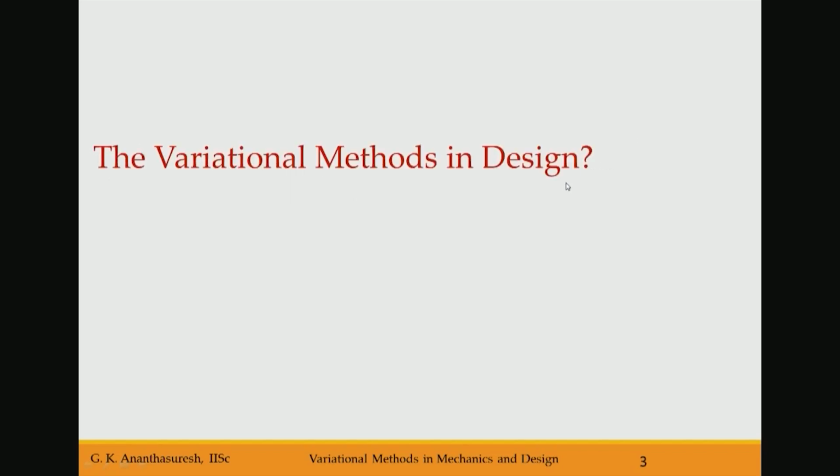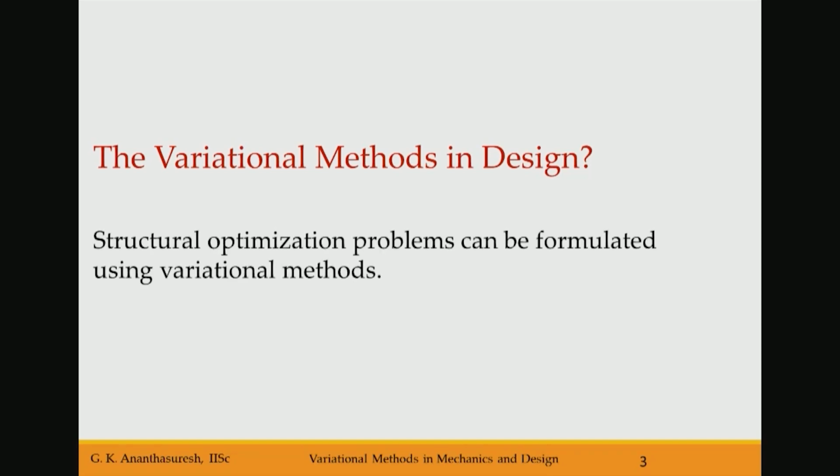Now let us look at what are variational methods in design. This is something that you do not find even if you Google, but that is what we are going to discuss, both in mechanics as well as in design. What I mean is that structural optimization, that is the process of optimizing structures, those problems can be formulated using these so-called variational methods.